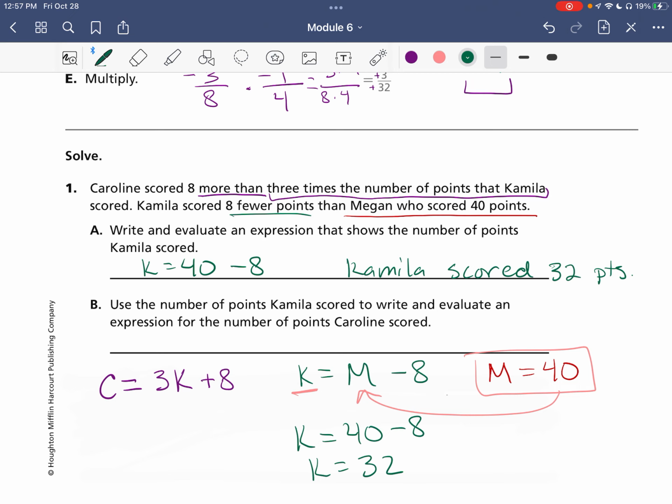Now use the number of points that Camila scored to write and evaluate an expression for the number of points that Caroline scored. So pause the video and see if we can figure out how many points Caroline scored. Unpause it when you think you have a nice educated guess.